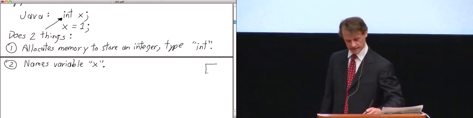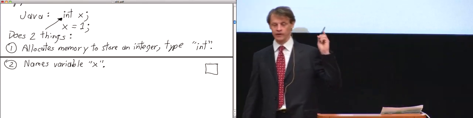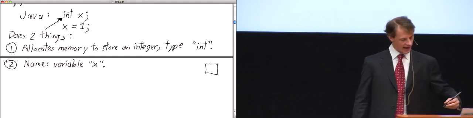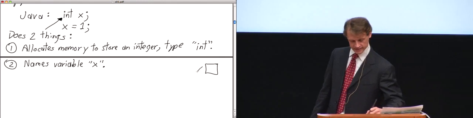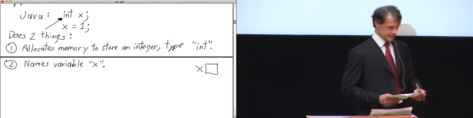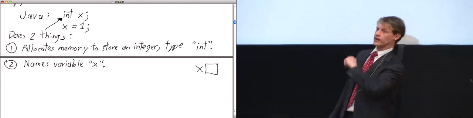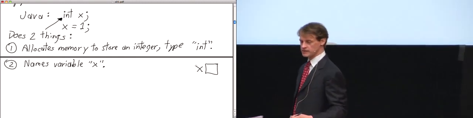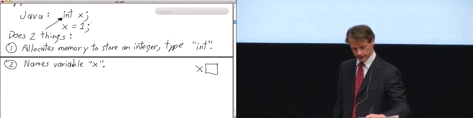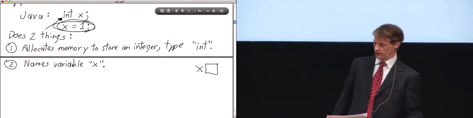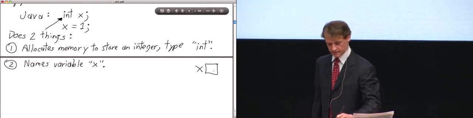So this box here is the chunk of memory that Java just allocated. And since we've named it x, I'll draw a little x next to the box. And now that I've done that, I can go on to that second line of code, the line of code that says x equals 1 right here. And what does that line of code do? Well, it stores a 1 inside this box.